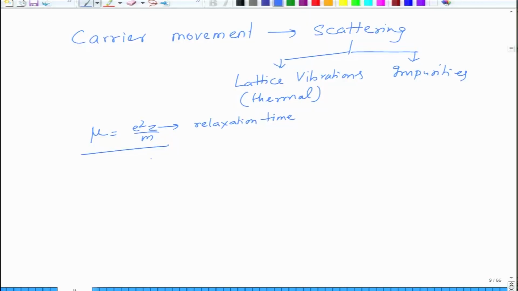It undergoes collision with the lattice and with the impurities, and the higher the tau, the higher the mobility will be. So this tau is expressed as 1 over tau phonon plus 1 over tau impurities. You might also have defects like dislocations, vacancies, and so on. There are various contributions to it.